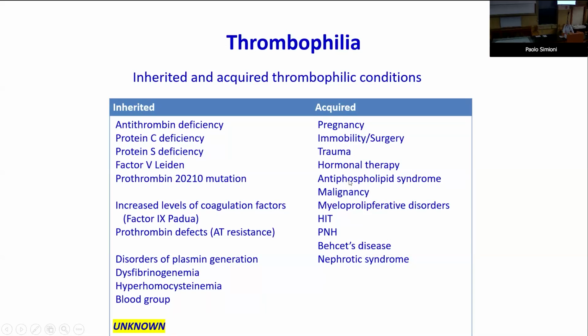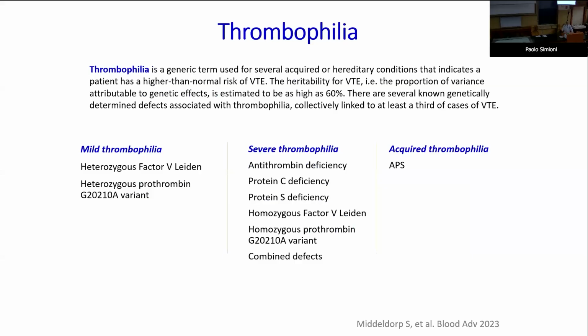But as you can see, there are a number of conditions that can be associated with thrombosis that you must know. The other concept that is very important is that it must be clear to everybody that there are different types of thrombophilia. There are some light, some mild thrombophilia, I would say, maybe the heterozygous prothrombin variant. And why am I saying that?